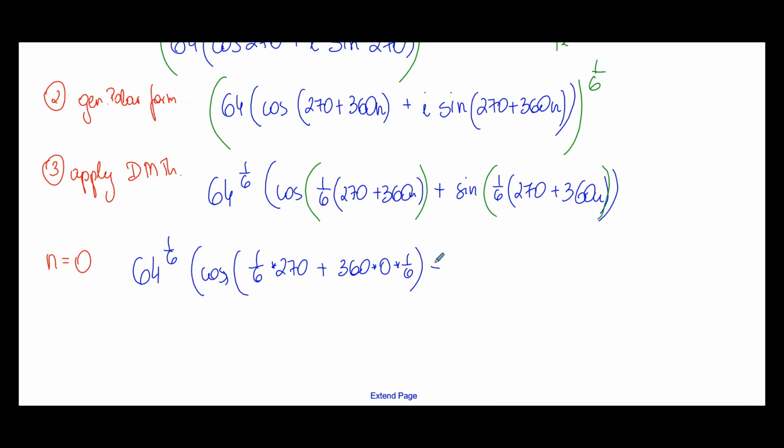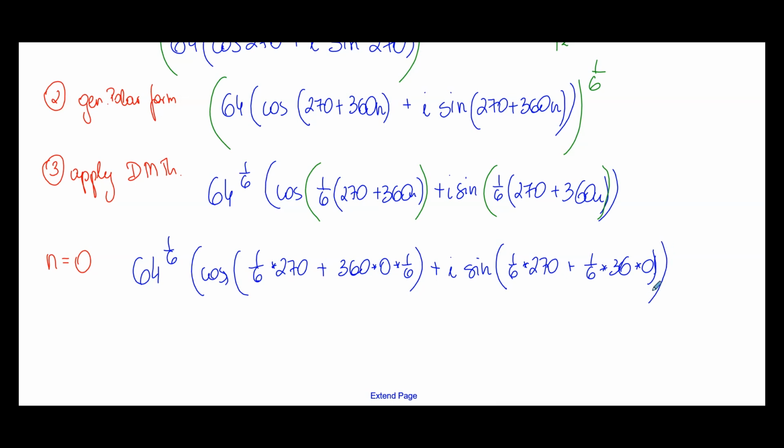Now we know all of that will be 0. Oh, I'm missing i here. i sin, and again, 1 over 6 by 270 plus 1 over 6 by 360 by 0. A lot of writing. That's all it is.